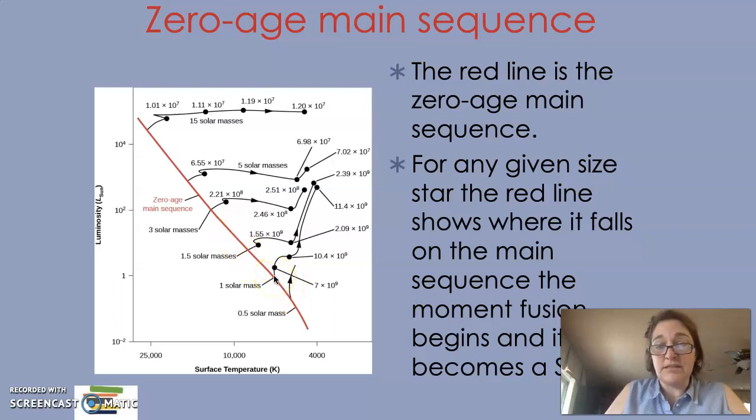So that is the zero age. And we notice that the line for the zero age main sequence matches the main sequence. It's basically the leftern edge of the main sequence.